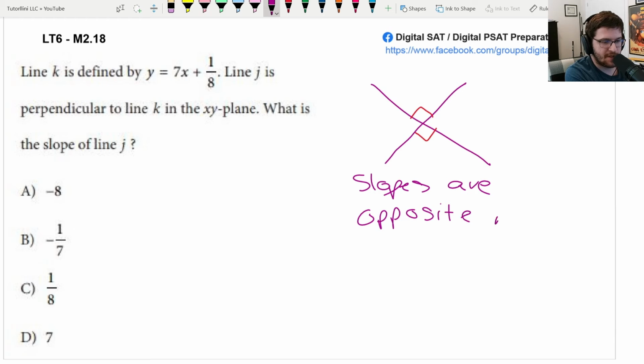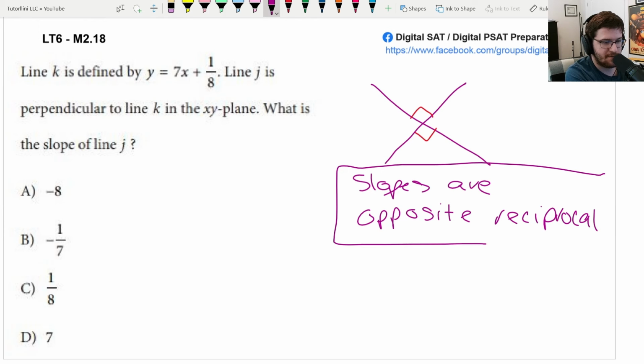Opposite means change the sign. Reciprocal means flip it or raise it to the -1 power. So change the sign and flip it. So, for example, if the slope were 2/3, the perpendicular slope would be -3/2.